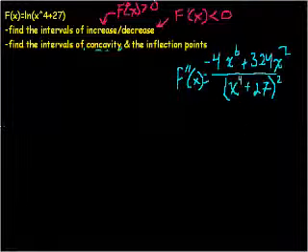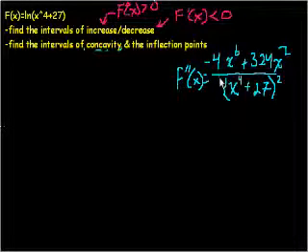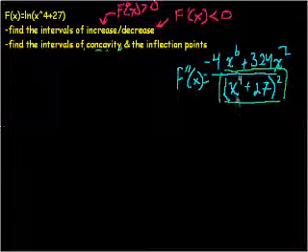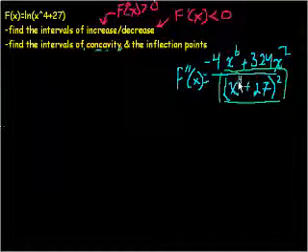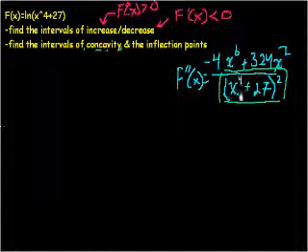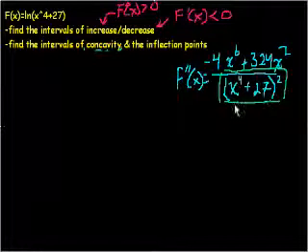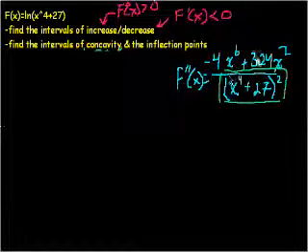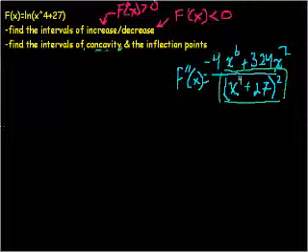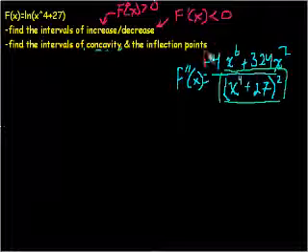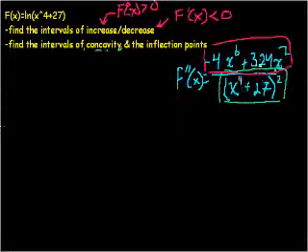Well, we could use the same logic. This denominator is always going to be positive, right? Because no matter what number you put in here, you're going to get either positive or 0, and you're going to be left with 27, you square it. You're going to get a positive number in the denominator. So f prime prime of x, the second derivative, is 0 when the numerator is equal to 0. It's positive when the numerator is positive, and it's negative when the numerator is negative, right?